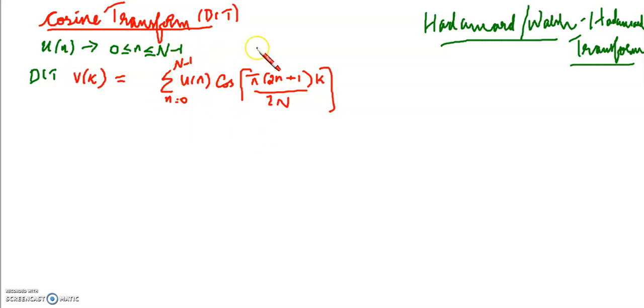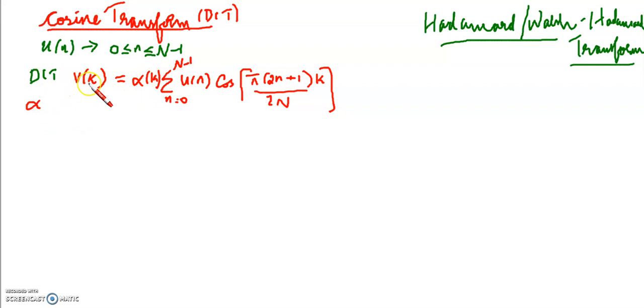In the cosine transform, in addition to this, you have a scaling factor alpha k. For the kth coefficient, you have the scaling factor alpha k. So you have the signal written as a combination of cosine functions, and you have an extra scaling term alpha k.